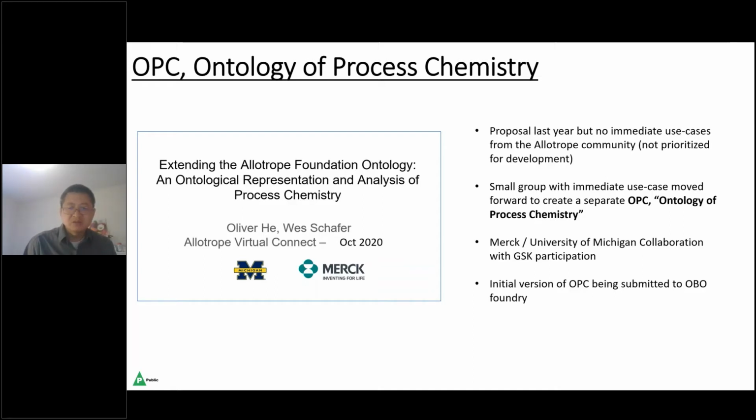For Allotrope, initially we didn't get immediate use cases, but in the end we formed a small group with some more immediate use cases to move forward. And then we have more people. Anna from GSK and Zach joined our group. And then we also formally named our ontology OPC, Ontology of Process Chemistry. And next, Wes is going to give some more details about the OPC.